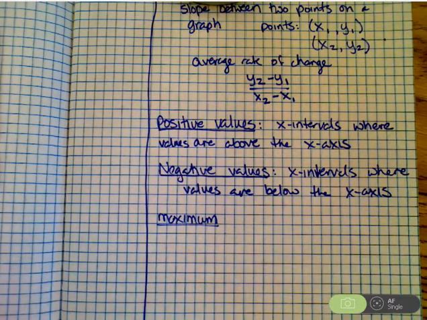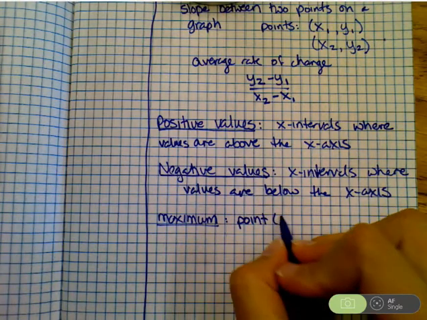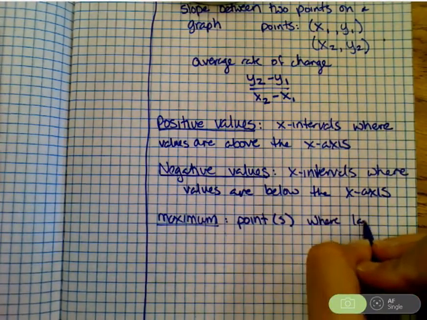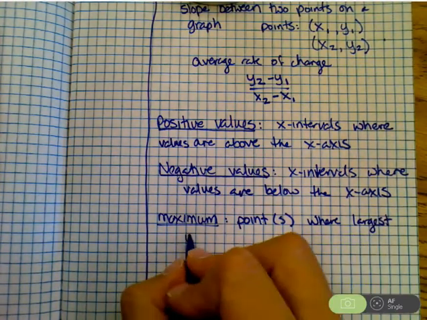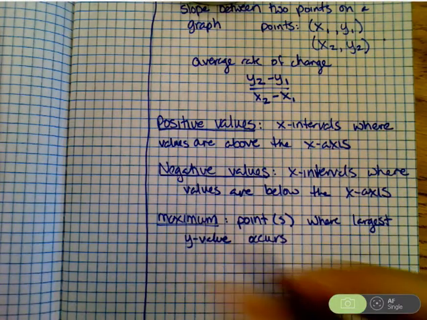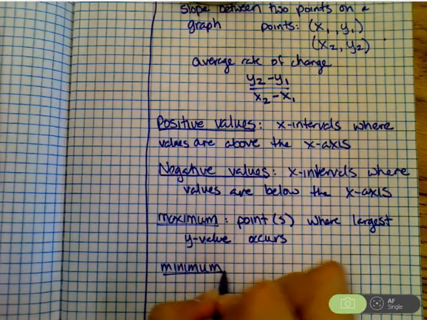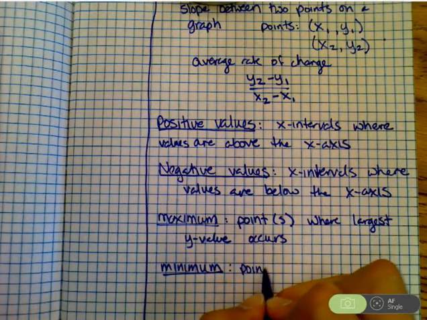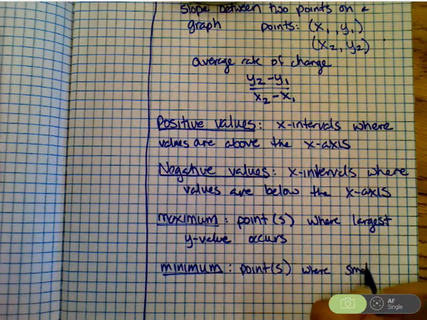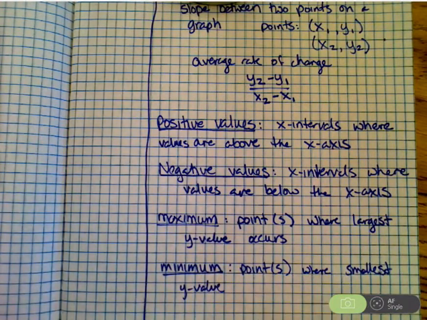So maximum is the point or points, sometimes we have more than one, where the largest y value occurs. And a minimum, as you might have guessed, is the point or points where the smallest y value occurs.